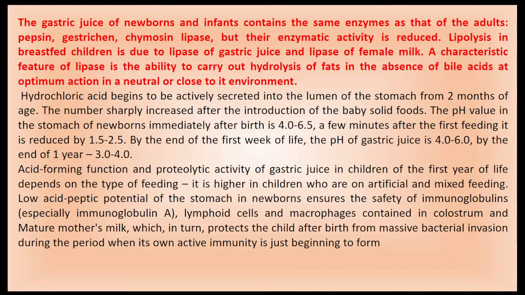Hydrochloric acid begins to be actively secreted into the lumen of the stomach from 2 months of age. The amount sharply increases after the introduction of solid foods. The pH value in the stomach of a newborn immediately after birth is nearly 4 to 6.5.